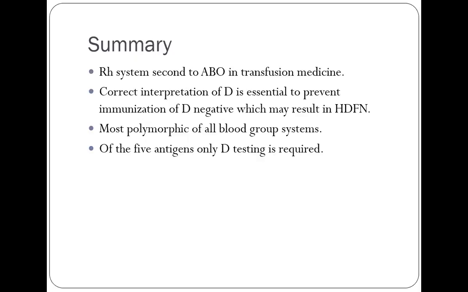It is the most polymorphic of all blood group systems, meaning there are many, many different forms, as you probably realized after this lecture, as well as from reading. Of the 5 antigens, only D testing is required, so that's why we only test the D in our forward type. Only if a person develops an antibody will we start to use the other antisera for the other antigens.